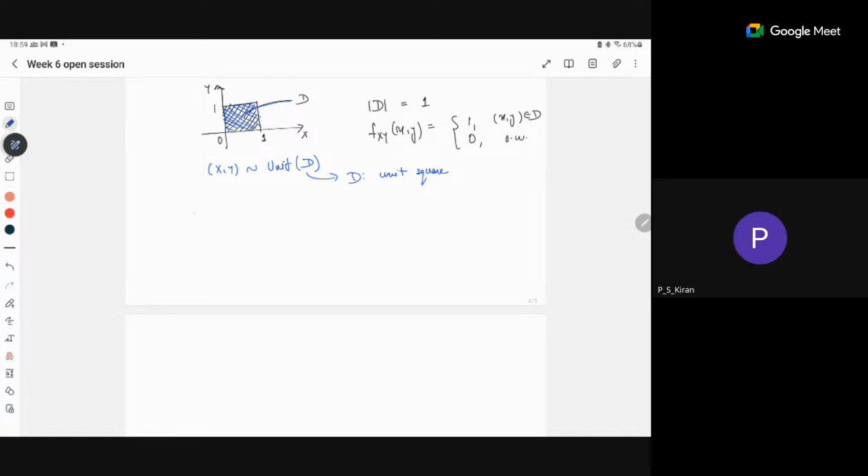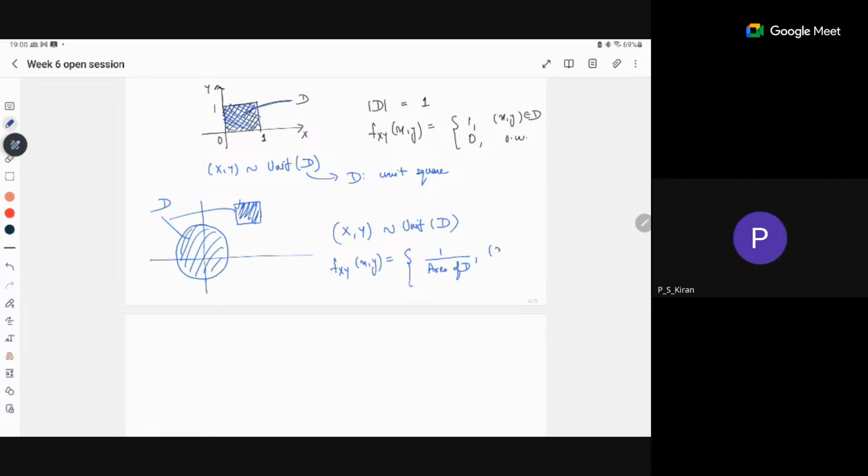It can be a circle in the xy plane, or some square, or a mix of different regions. If xy is uniform in D, it means f of xy is nothing but 1 upon area of D for xy belonging to D, 0 otherwise.